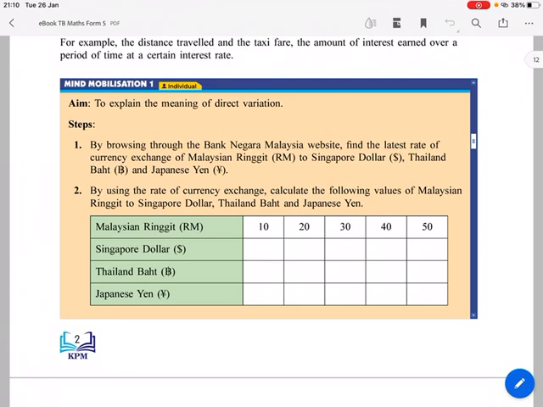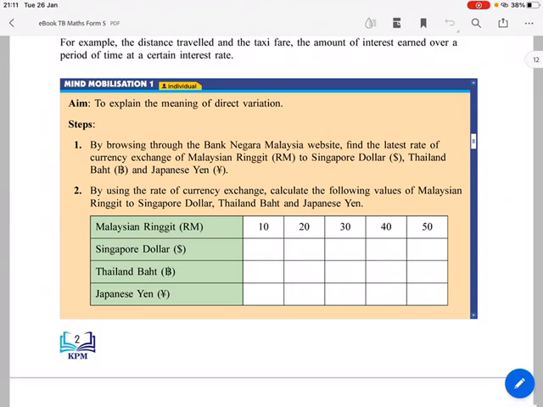So 1 ringgit, 10 ringgit, 20 ringgit, 30 ringgit. I have filled in my textbook, I did it on 21st January. You have to do it on your own. Please make sure you have this in your notebook, and you can just browse the internet.